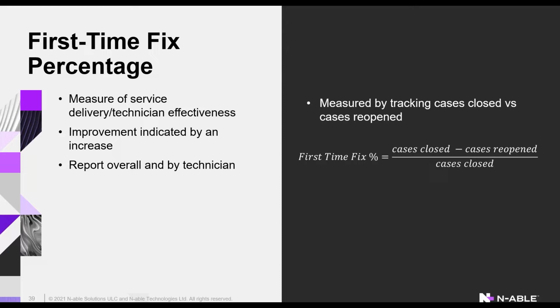And the way we track this is cases closed minus cases reopened for the exact same problem, divided by cases closed. And this is a measure of our efficiency. Okay. This is an overall and by technician report.